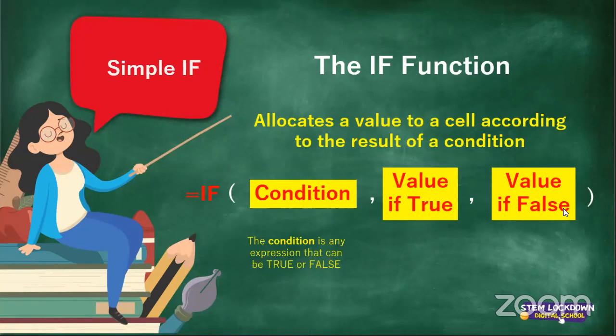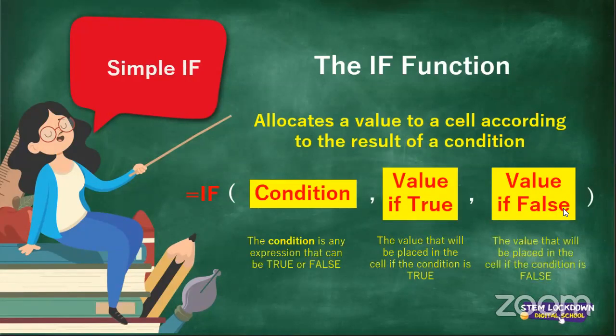So the value if true is the value that will be placed if the condition is true. Suppose we ask if such a cell is yes, what value should we have there, right? Then if that condition is not met, the value if false is the value that will be placed in the cell if the condition is false, right?